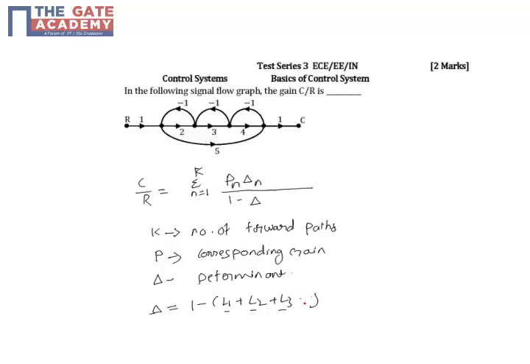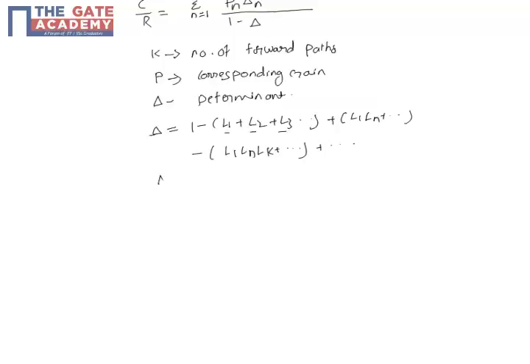In addition to forward paths, we do have loops in a signal flow graph, plus the gain product of two non-touching loops, say L1 and Ln, if the loops 1 and n are not touching, minus the gain product of three non-touching loops, so L1, Ln, Lk, and so on, and this goes on. And the final term delta n is the loop gain of that loop that does not touch the path n.